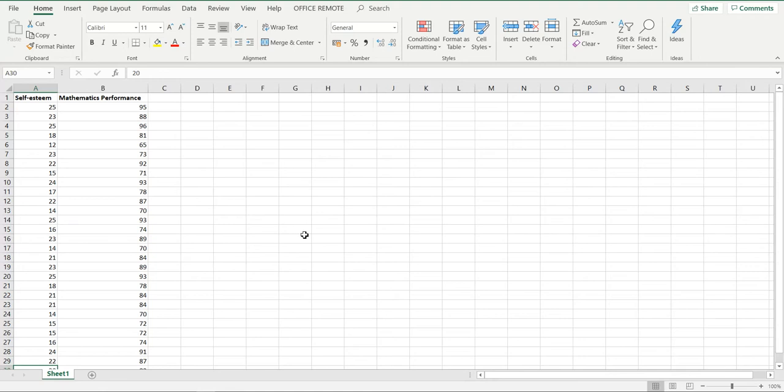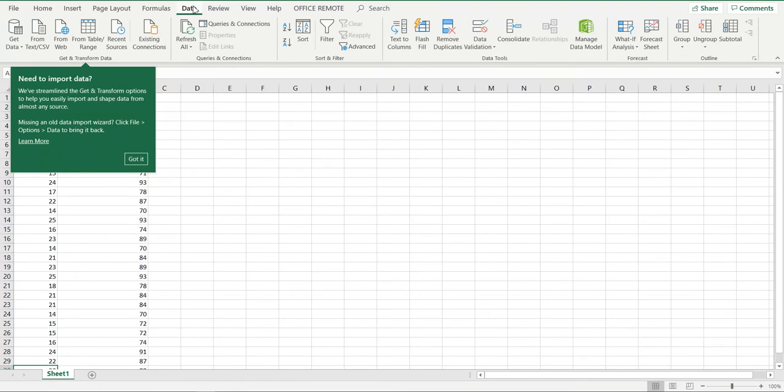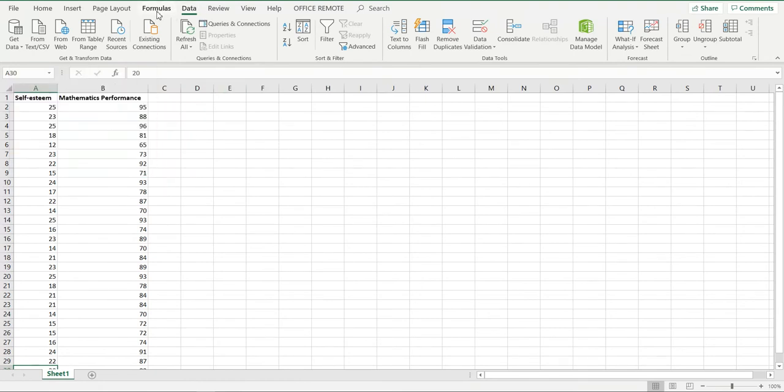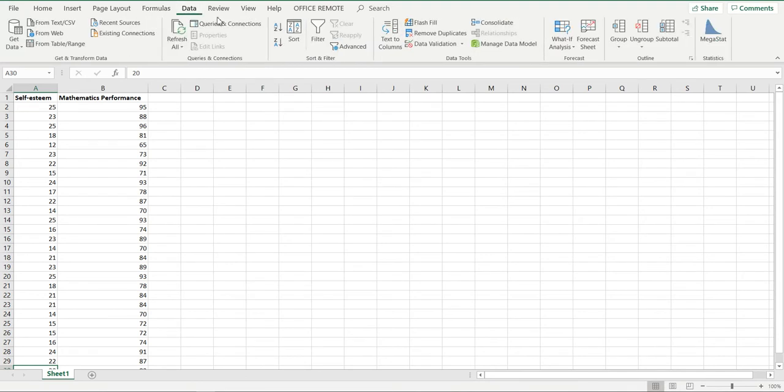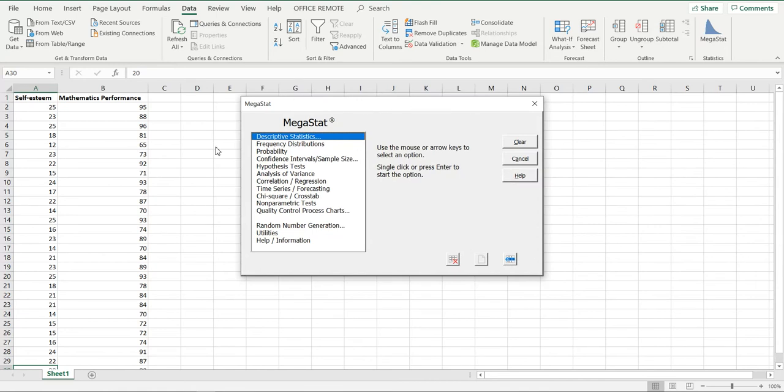Now, you go to data, and then you can see here MegaStat. So the MegaStat is placed in the ribbon on the rightmost part of the ribbon. Now, click MegaStat and this will be the prompt.